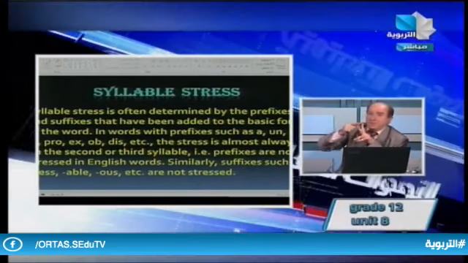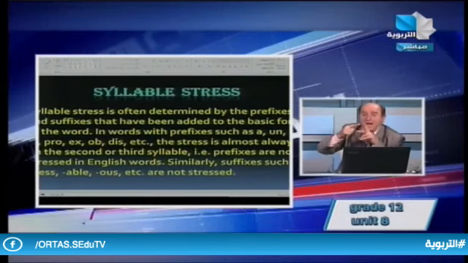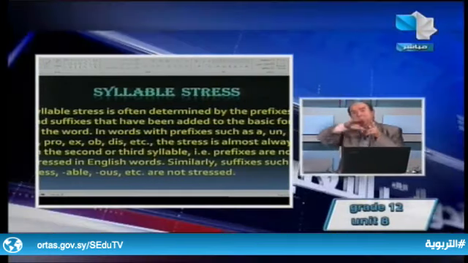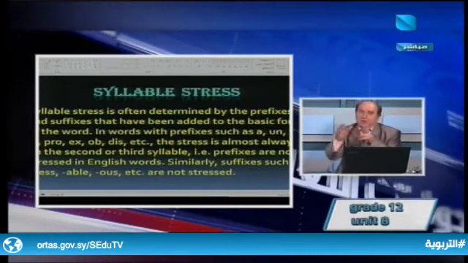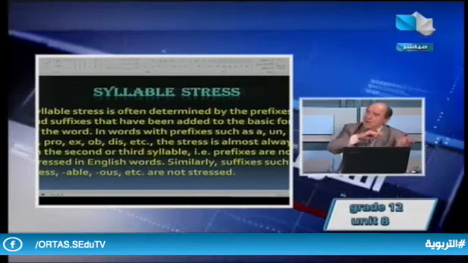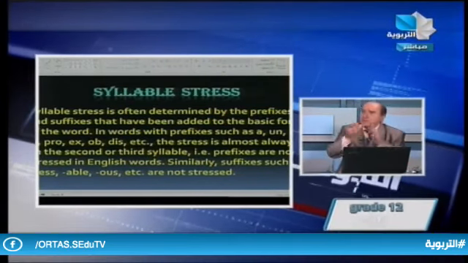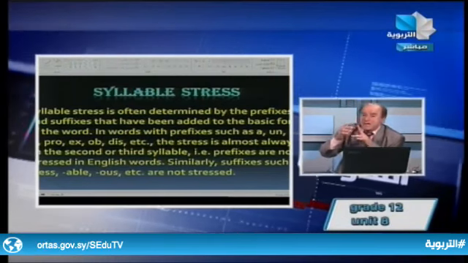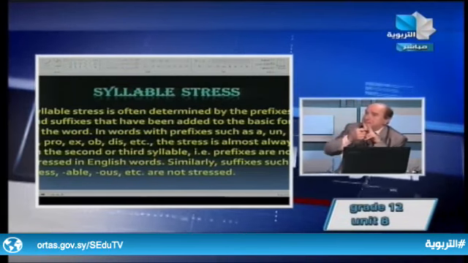Suffixes come at the end of the word, to change it, maybe from noun to adjective, from verb to noun, and so on. So these two parts, suffixes and prefixes, are not stressed. It means they are weak. We don't stress them.